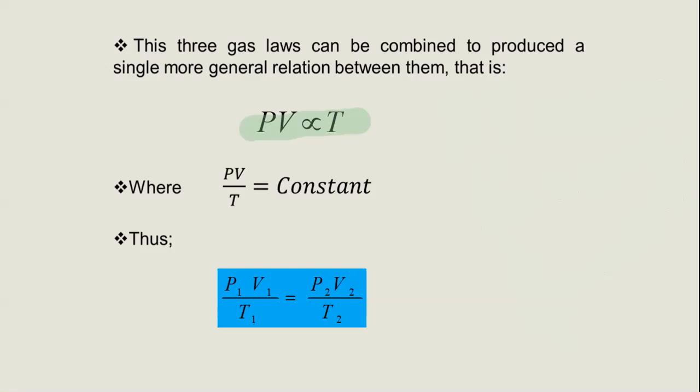And as was given by the previous three laws, when it is equal to a constant, you can summarize this equation into the last equation given: P1 multiplied by V1 divided by T1. So what does that mean? It's just that P multiplied by V divided by T in one particular situation is equal to P multiplied by V divided by T in another situation. Just remember that for situation 1, PV over T is equal to situation 2, PV over T.